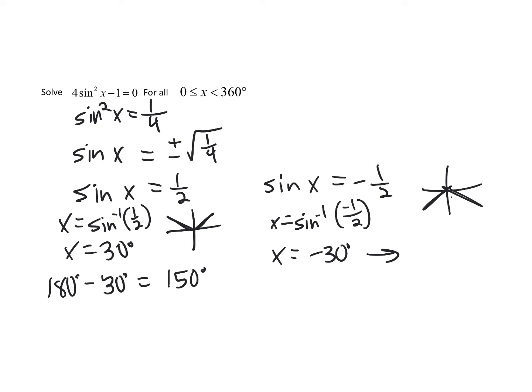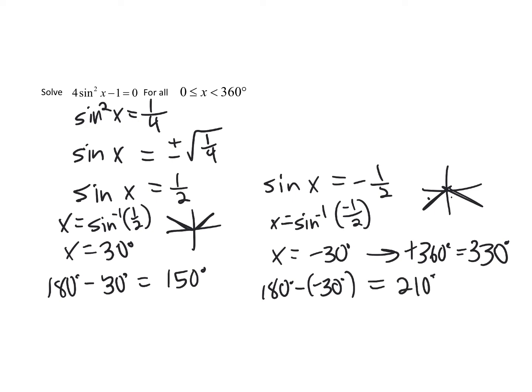But we need to correct that by adding 360. So we get 330 degrees. The other one down here, if we do 180 minus negative 30, or think of it as 180 plus 30, we get 210 degrees. So we have four answers. We have 30 degrees, 150 degrees, 210 degrees, and 330 degrees.